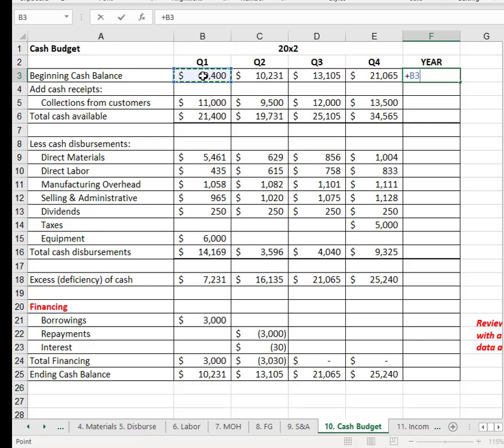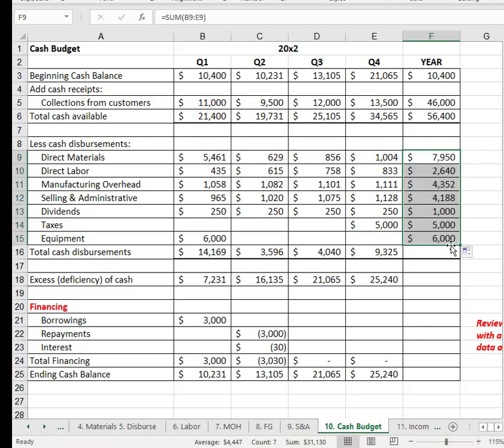We started the year with the amount at the beginning of the 4th quarter. Now, collections is for the whole year, so we can add that all up. And so cash available for the year is what we started the year with, plus all the collections for the year. All right, and then direct materials, we can add the payments up. All right, very good for the whole year.